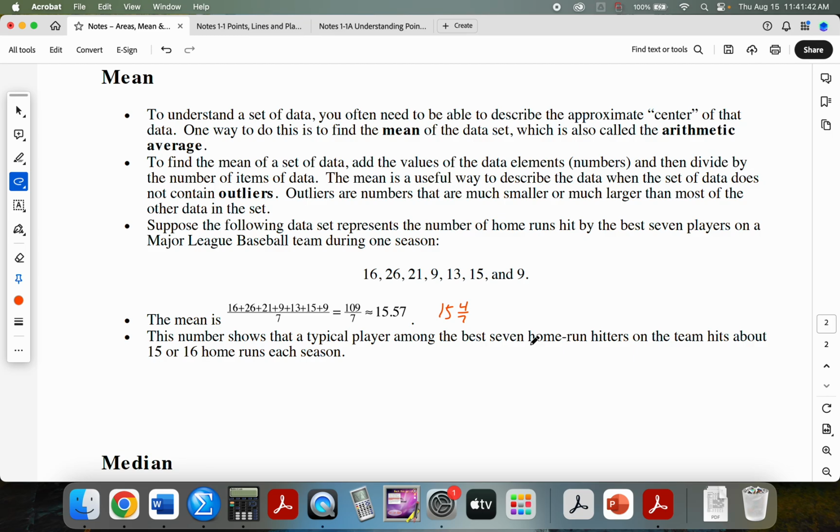Dividing by 7 is one of the ugliest things around when it doesn't go in exactly. So the typical player amongst the best 7 home run hitters on the team hits about 15 or 16 home runs each season, which is not great, it's average.